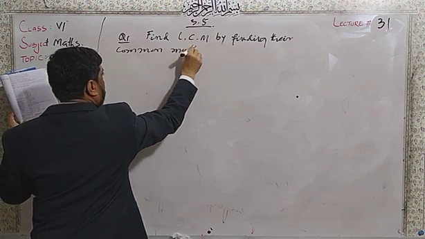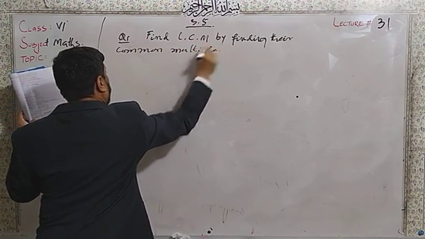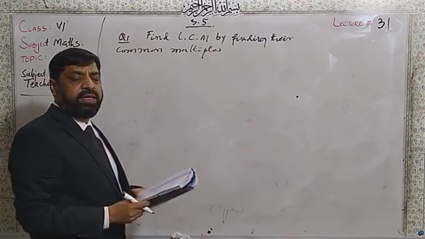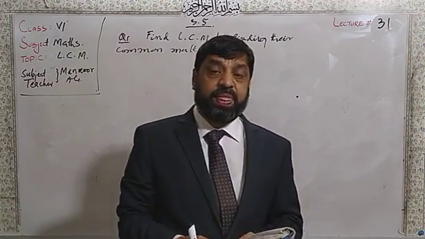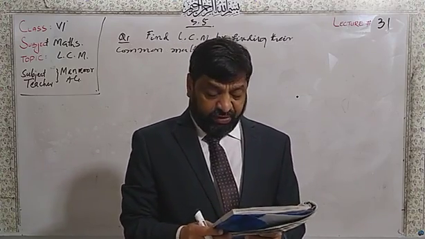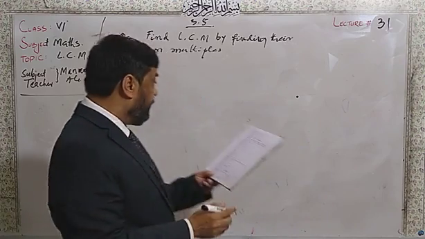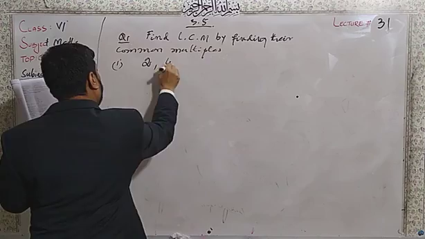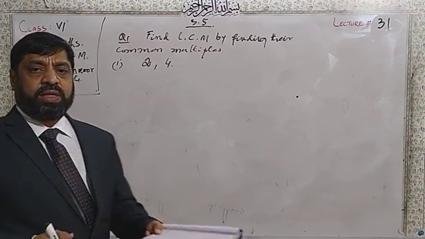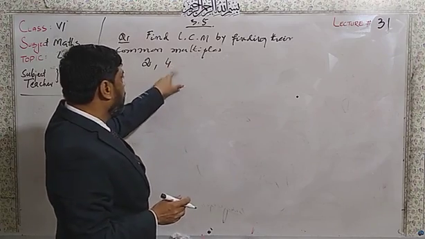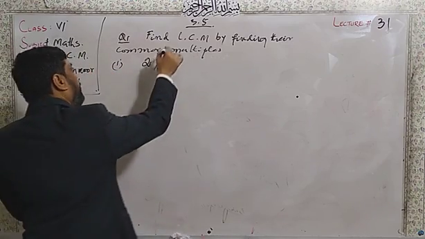I told you at the very start, common multiples means we have to multiply first time, second time, third time, and so on. The first number, part number 1, is 2 and 4. These are the numbers about which we have to find the LCM.